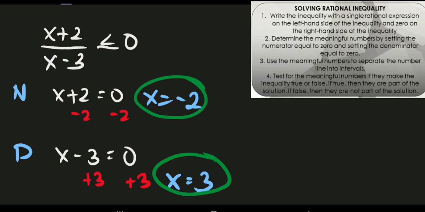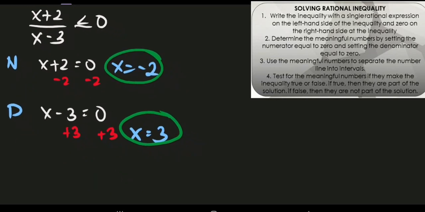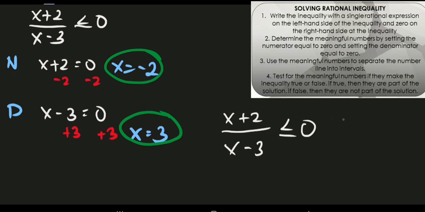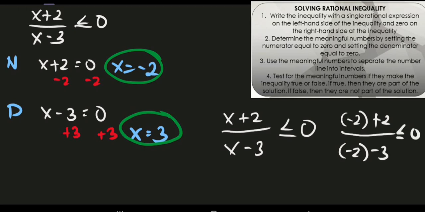Now, let's test if the given values are part of our solution or not. So let's use our original inequality to double check our meaningful numbers. We have x plus 2 over x minus 3 less than or equal to 0. Let's test first the value from our numerator, which is negative 2 as x. So we have negative 2 plus 2 over negative 2 minus 3 is less than or equal to 0. Just simplify.